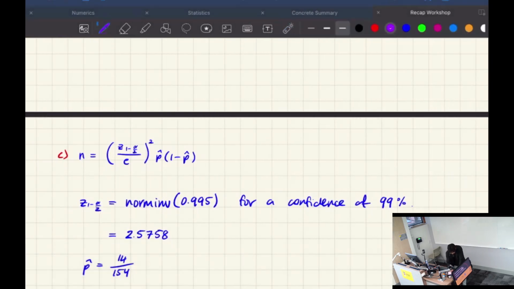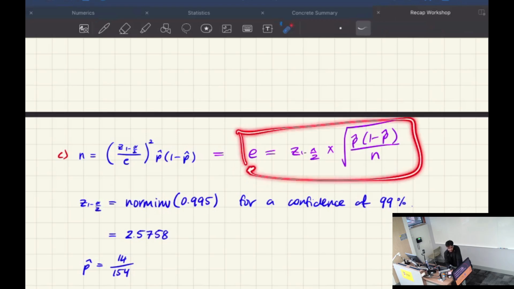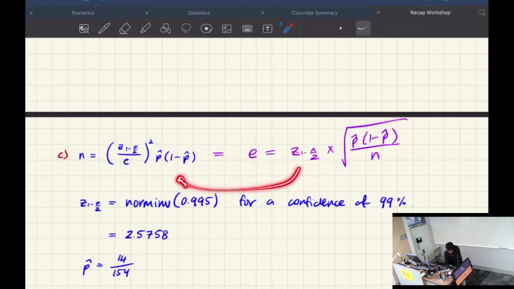Where it comes from is that E is equal to Z 1 minus alpha on 2. You can rearrange the Z formula given and you can find the n. I think this is from the lecture slides, and then I've rearranged it to get this.